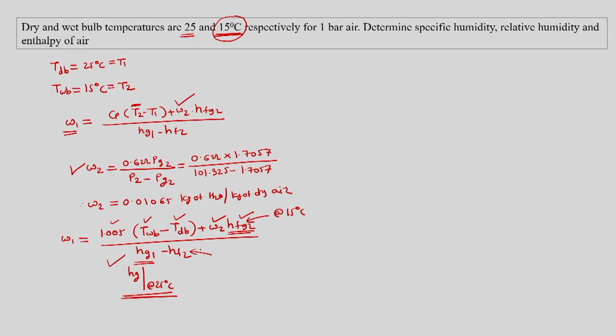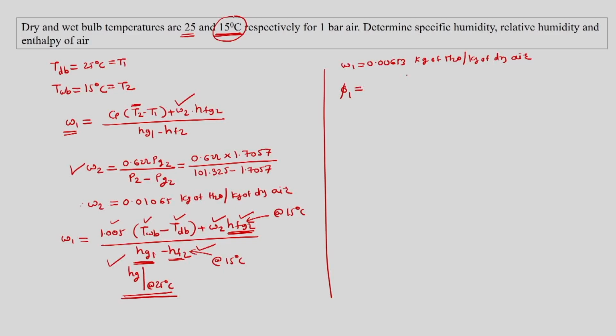This is liquid saturation enthalpy at 15 degrees Celsius. So this would also be found out from the steam table. So we will open the steam table. We can find out Hfg2, Hg1, Hf2, and then find out omega 1, and this omega 1 is 0.00653 kg of H2O per kg of dry air.